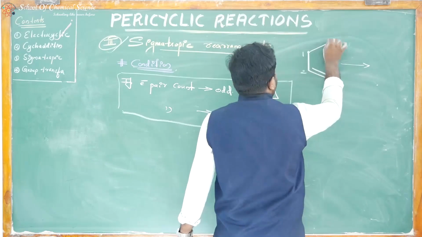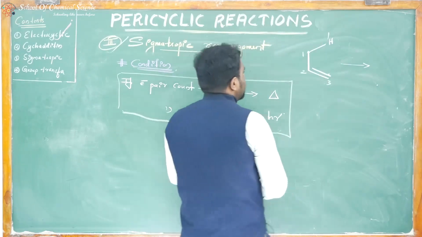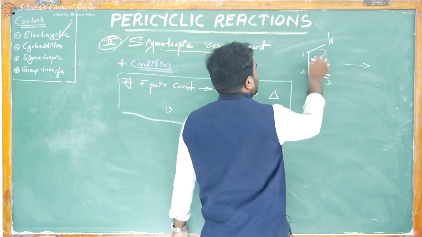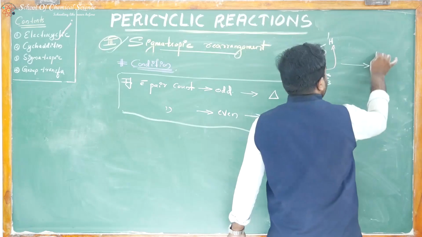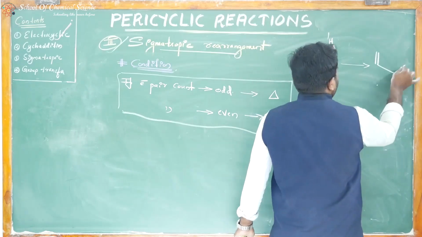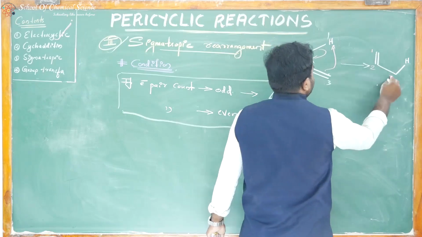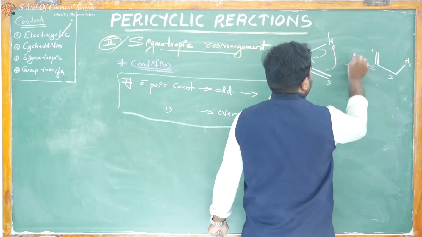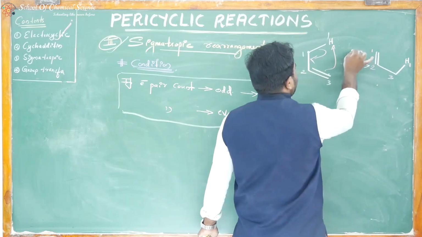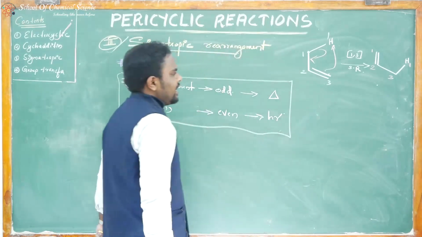On the opposite side a hydrogen is present, so hydrogen is 1. So what's the reaction? Breaking of the 1,1 bond, and a new sigma bond is formed, so your product will have a new hydrogen. 1, 2, 3. This is also 1. So a new bond is formed between 3 and 1. So this is a typical example of a 1,3 sigmatropic rearrangement.